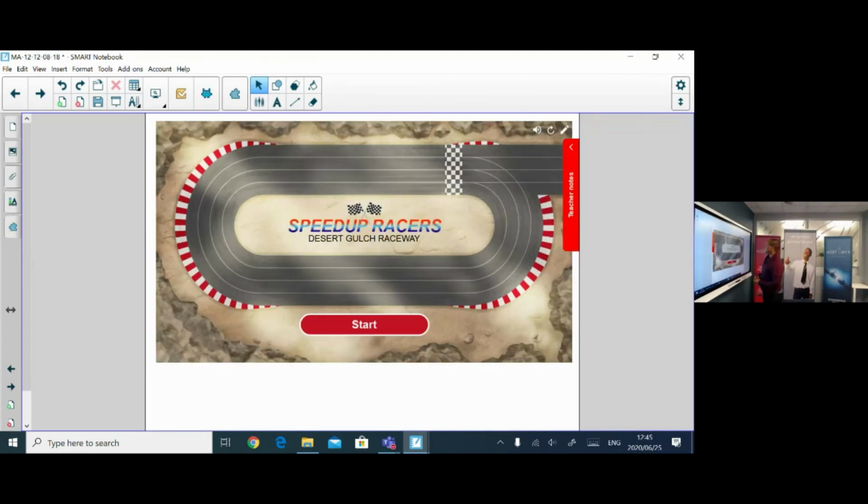So on your devices, you should actually be able to access this if you are logged on to our platform, and what you are going to do, you're simply going to start and choose how many of you are racing, and then that would actually show you how you can do your differentiation and come up with the best result in all this.